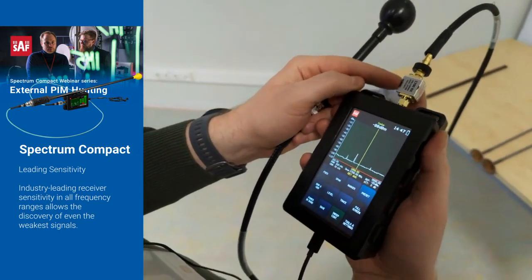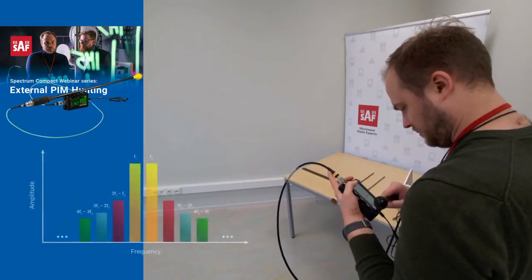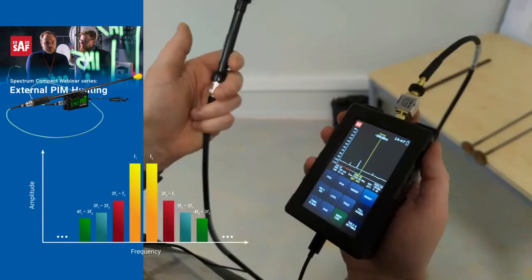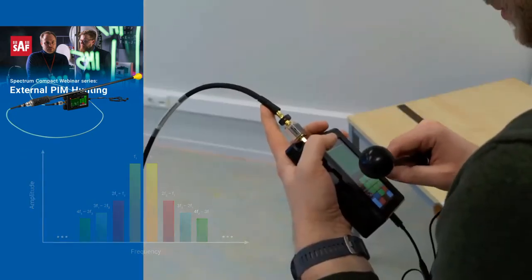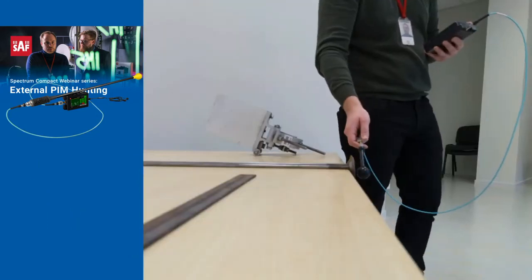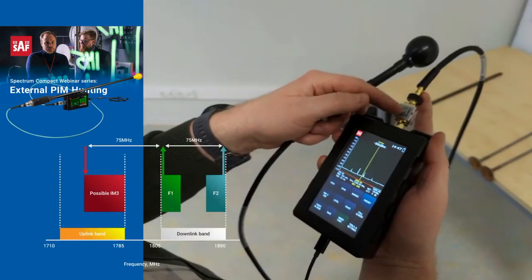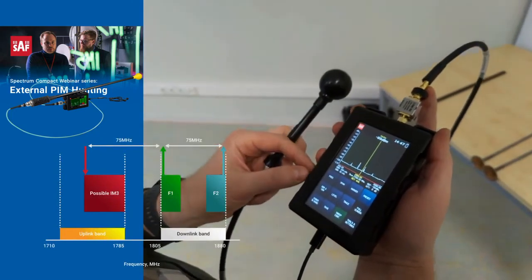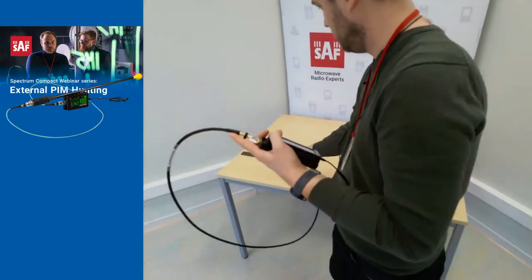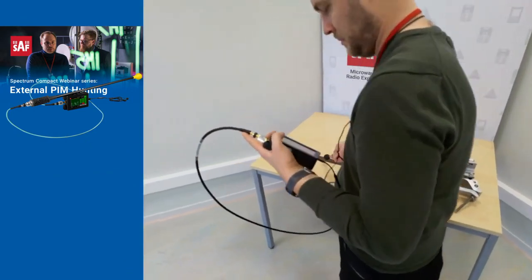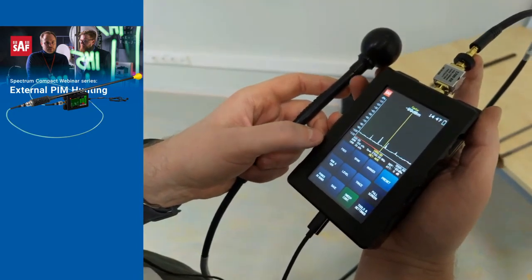This filter allows us to filter out the strong high-level signals from the transmitters, but it passes through the signal from the PIM source, which falls in this frequency range. And here, of course, we have the Spectrum Compact, and now we need to configure it to make efficient measurements on the PIM.